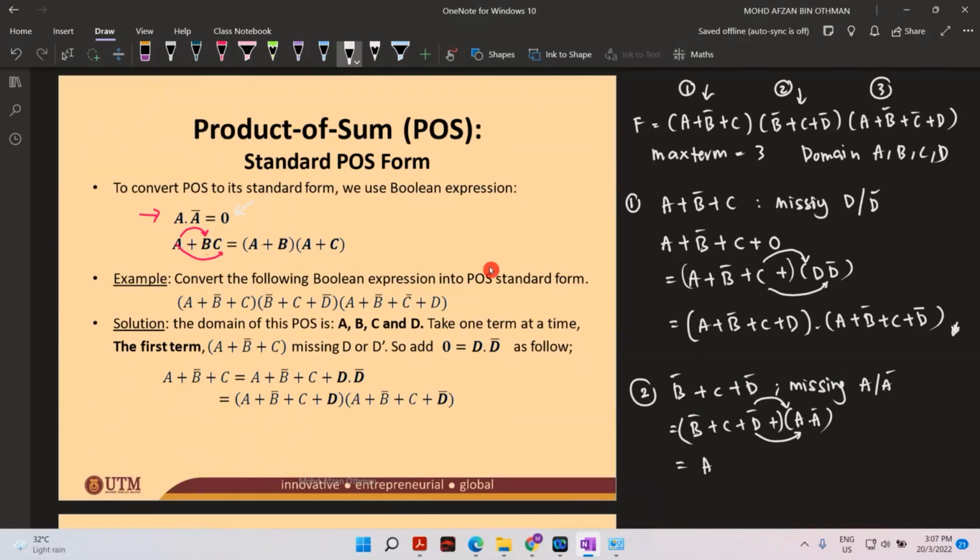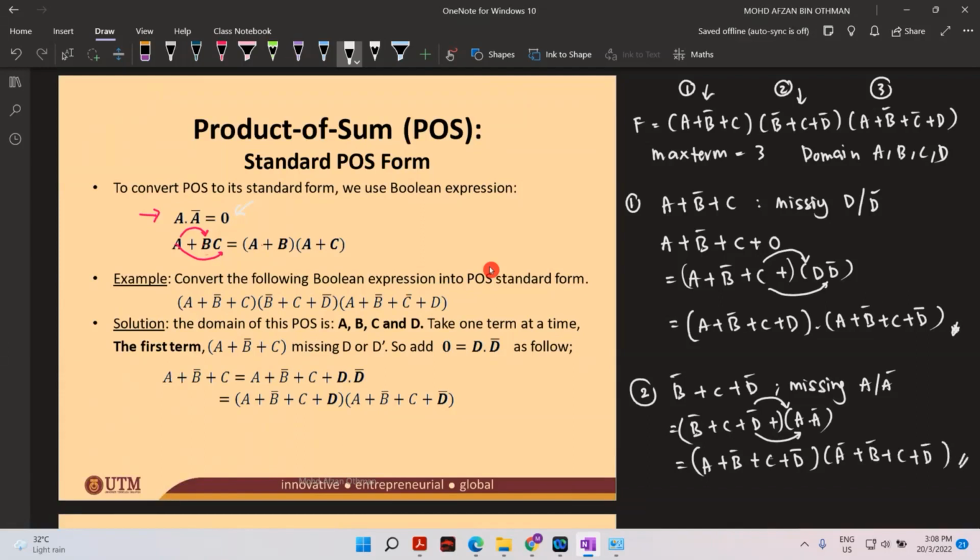Selalunya A kita letakkan depan lah, lagi senang kita nak buat truth table, nak buat mapping pun senang nanti. So better kita ikut the sequence, even though kita tahu A ni boleh duduk kat belakang atau kat tengah. For the sake of simplicity, untuk memudahkan kita buat kerja, kita ikut dia punya sequence. So A tambah B bar tambah C tambah D bar, dot with A bar tambah B bar tambah C tambah D bar.